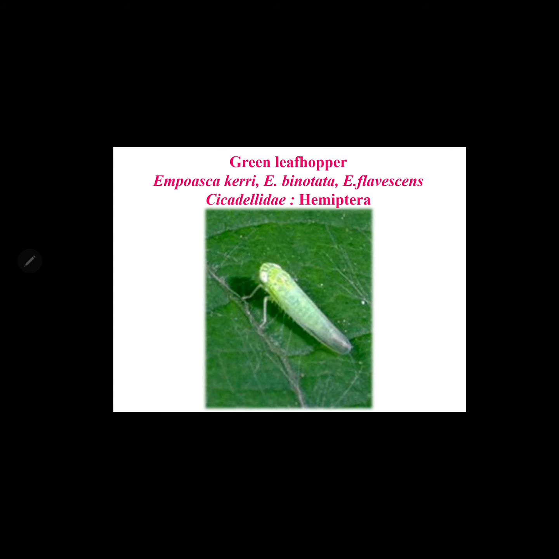Another pest is the leaf hopper, green leaf hopper, Empoasca kerri. There are also Empoasca binotata and Empoasca flavescens. It belongs to family Cicadellidae and order Hemiptera. These small greenish yellow nymphs and adults suck sap from the leaves, which in severe cases turn brown and curl upward.